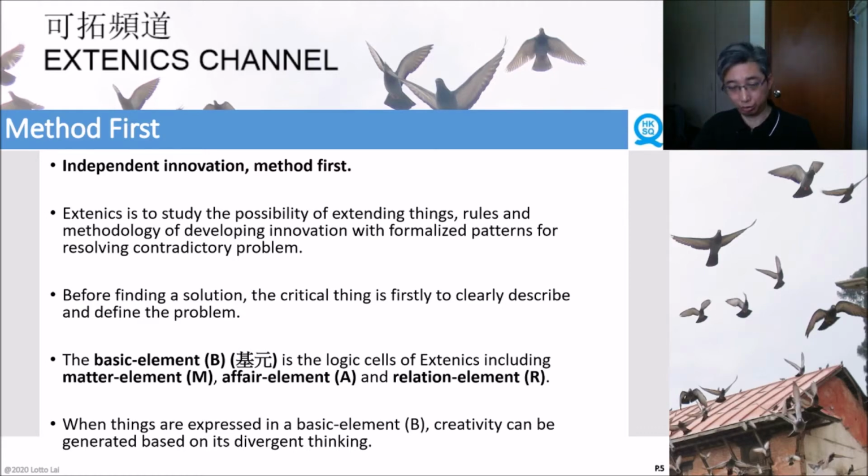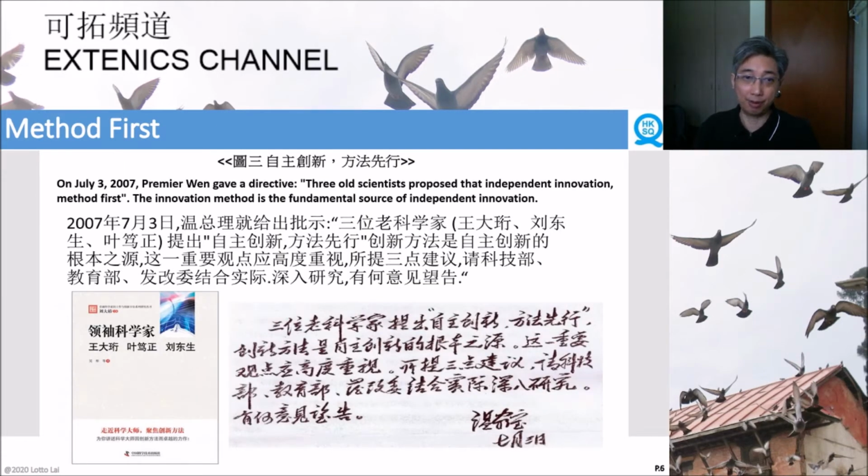First, I would like to introduce why we say independent innovation method first. It comes from more than 10 years ago, on 3 July 2007, when Premier Wen Jiabao gave a directive. At that time in China, three old scientists proposed that independent innovation should put method first. The innovation method is the foundational source of independent innovation.